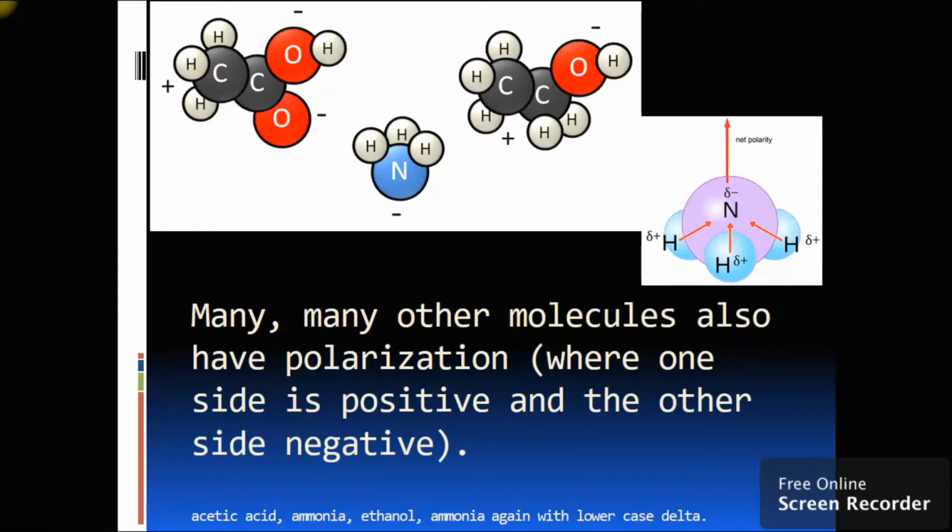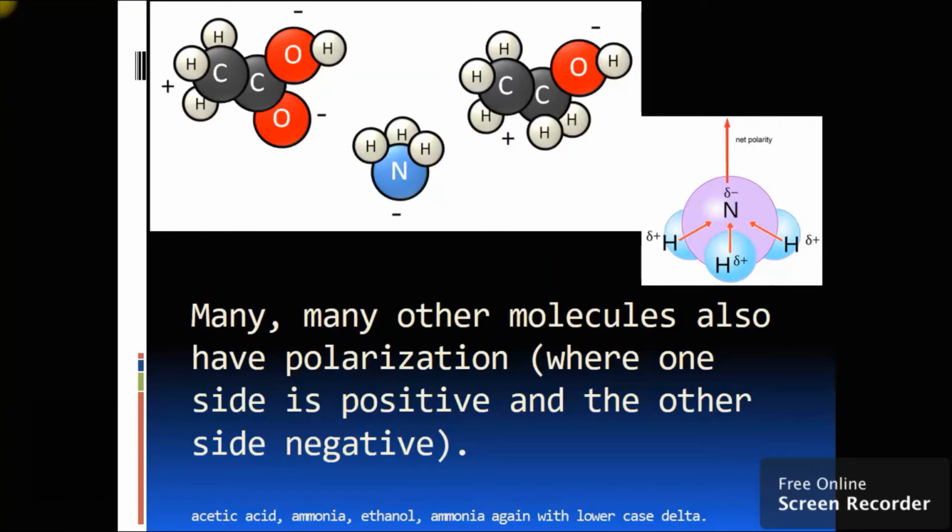On the second one, ammonia, the charge is negative on the bottom by the nitrogen. Oh, I don't have a positive up top. I'm sorry, I should have drawn that in. And then the third molecule, ethanol, has a positive side and a negative side. And then the fourth one is the same picture as the second one, ammonia.